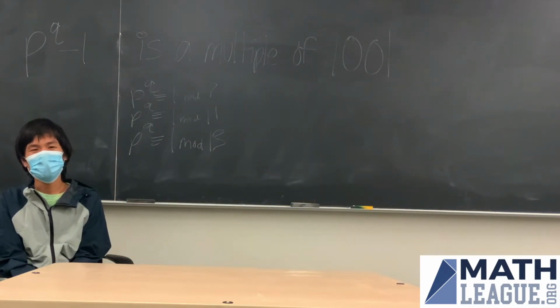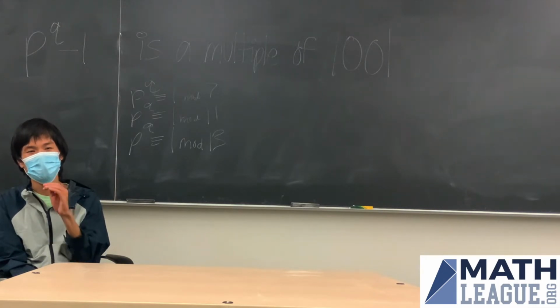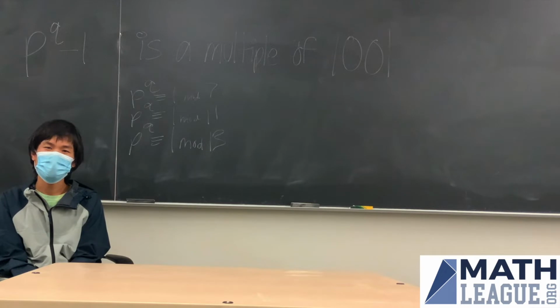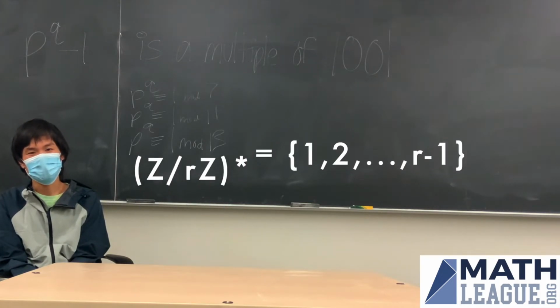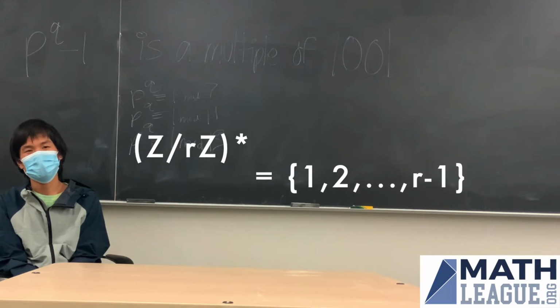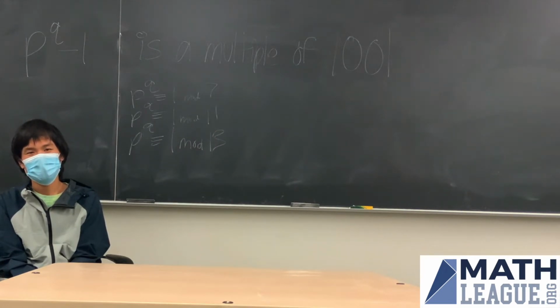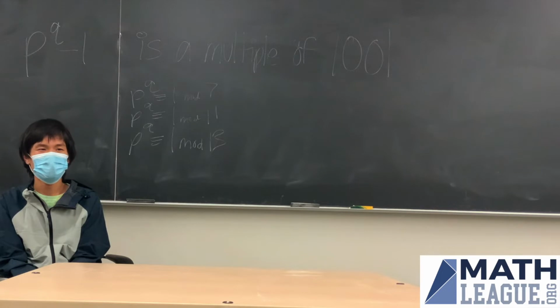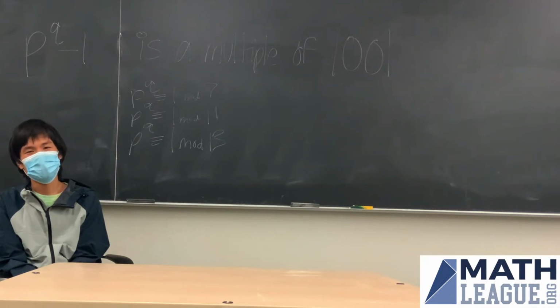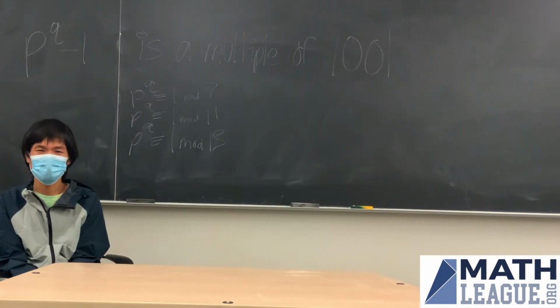And now Gauss decided to take a look at, let's say, a prime number r, and then all the positive integers that are less than r, so 1, 2, all the way up to r minus 1. And then how about multiplying any two of those values and then taking the remainder? None of them is going to be a multiple of r, so of course in the end this will end up being a group.